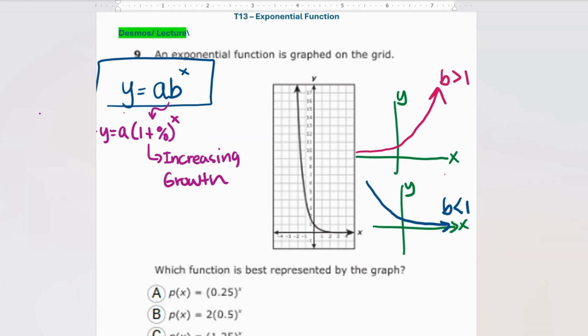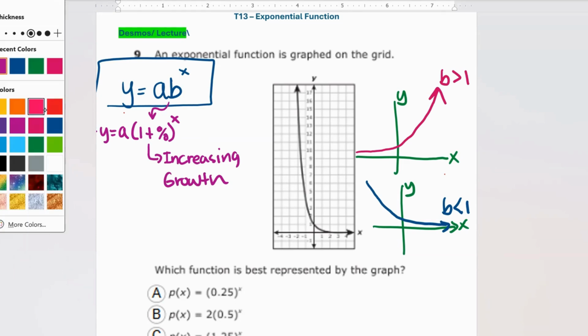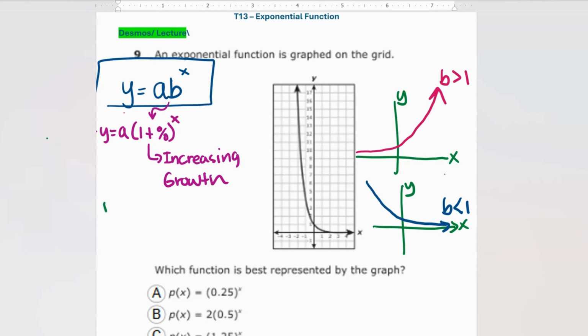Now, let's say y equals a, and this time it is 1 minus the rate. Look at the difference. The plus is increasing, minus is decreasing.